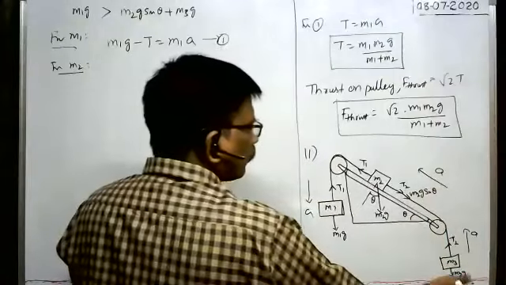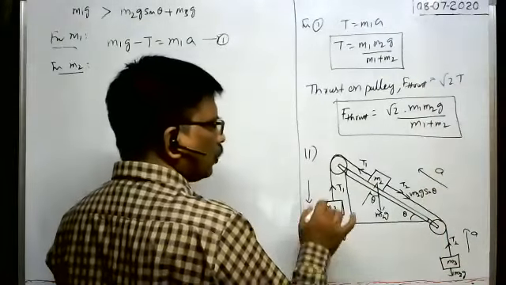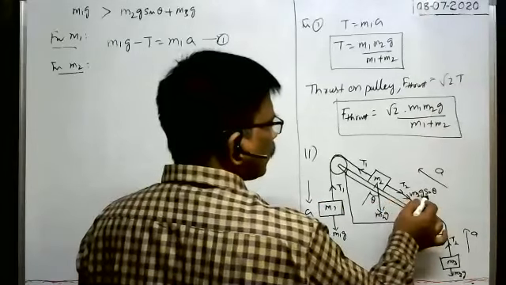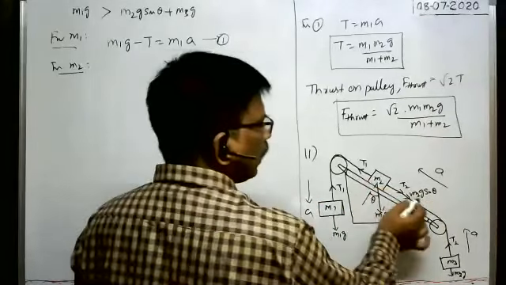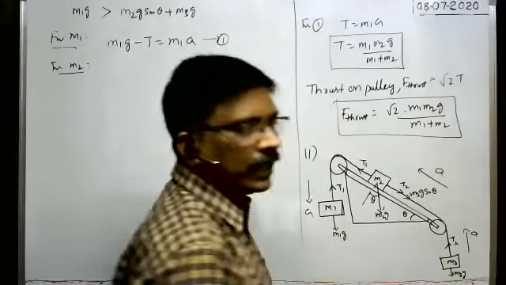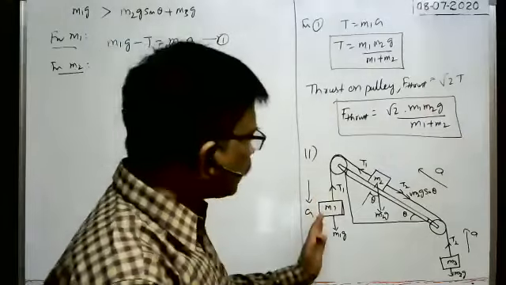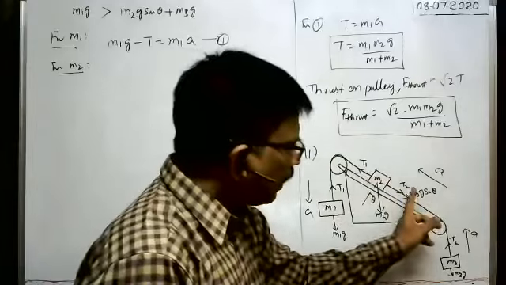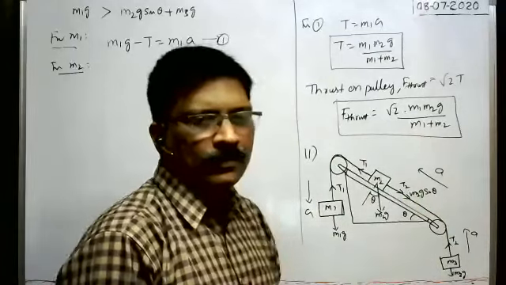In this direction they will move. T1 minus M1g is equal to M1 into a, M2g sin theta plus T2 minus T1 is equal to M2 into a, M3g minus T2 is equal to M3 into a. In such a way we have taken. I am taking this as greater than the sum of these two, that's why the system will move like this. If the sum of these two is greater, it will move like this. Yes, sir. Okay.